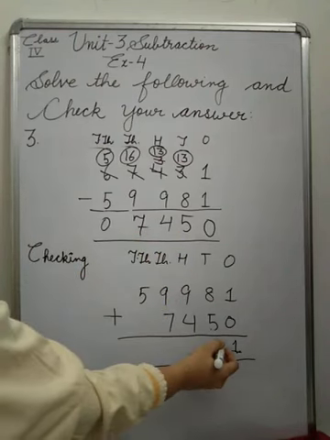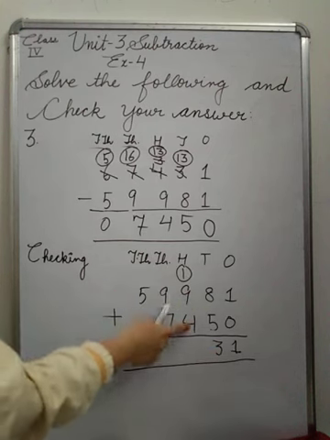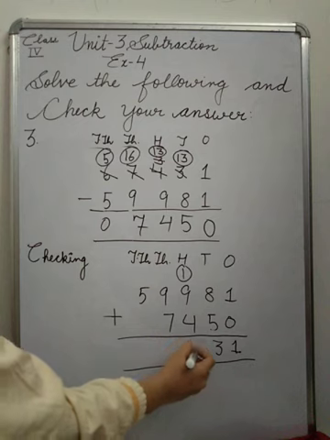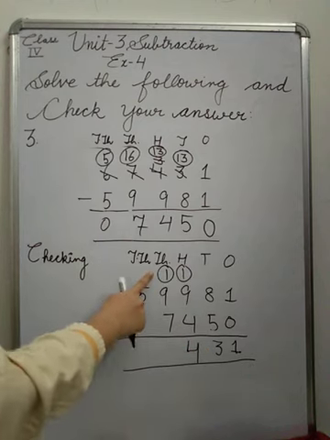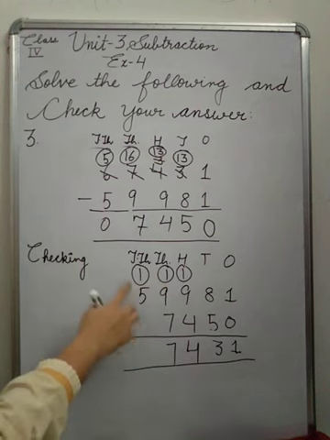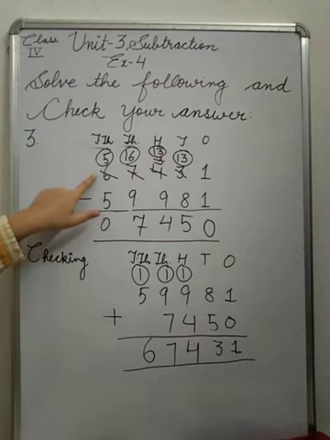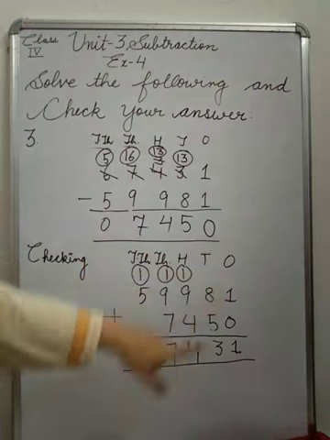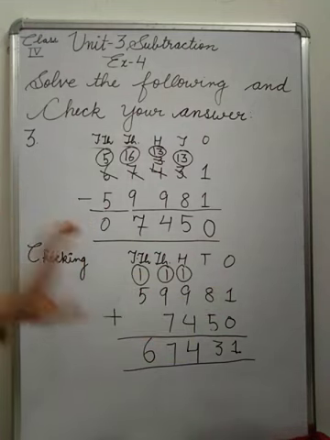So write it here 3. 1, 9 and 1, 10, 10 and 4, 14. Write it here 4. 1, 9 and 1, 10, 10 and 7, 17. Write it here 7. 5 and 1, 6. Have you seen what you got? You got this one, 67,431.